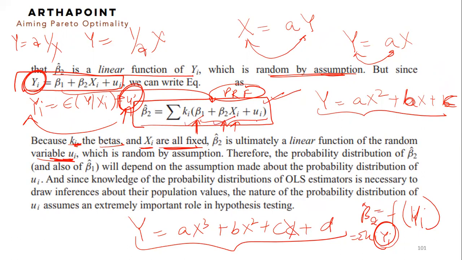The only thing that is bringing randomness is this error term. Because the only thing bringing this randomness is the error term, I am saying that all the randomness in beta 2 hat is due to ui. So the probability distribution of beta 2 hat and also beta 1 hat will depend on the assumptions that you make about the probability distribution of ui. Very, very important.